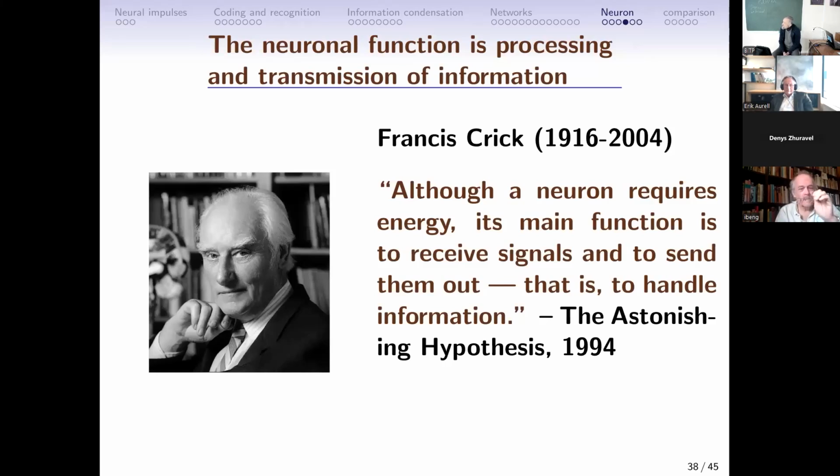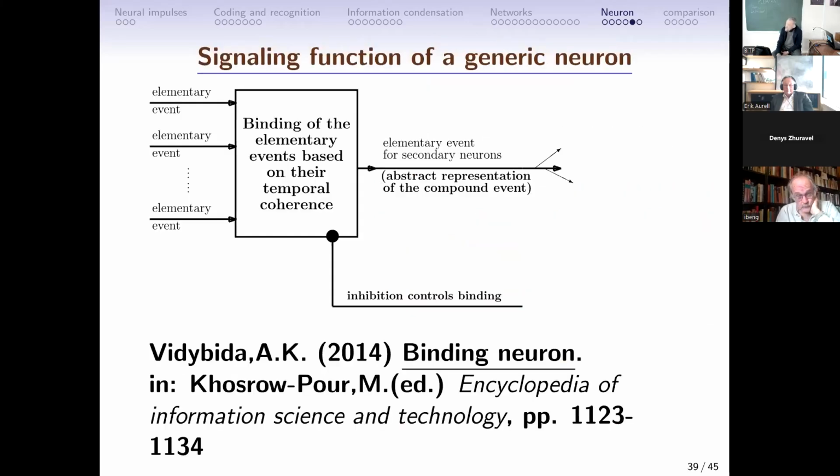In his book, The Astonishing Hypothesis, Francis Crick says that the main function of a neuron is to receive signals and to send them out. And by developing this statement, it is possible to propose the following signaling function of a generic neuron.